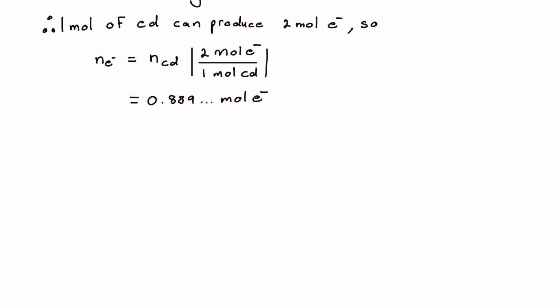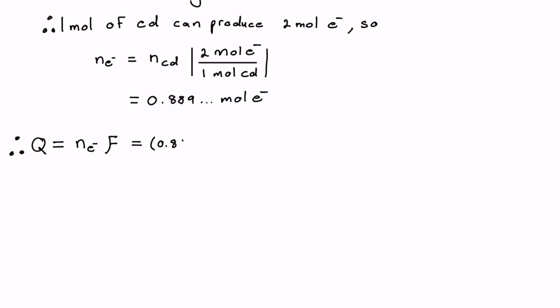We can calculate the amount of charge. So we need to convert this to a Coulomb amount. What is the amount of possible charge that this can generate? This is the quantity Q. So Q is equal to this number of mole of electrons multiplied by the Faraday constant, because the Faraday constant gives us how much charge, Coulomb, is in 1 mole of electron.